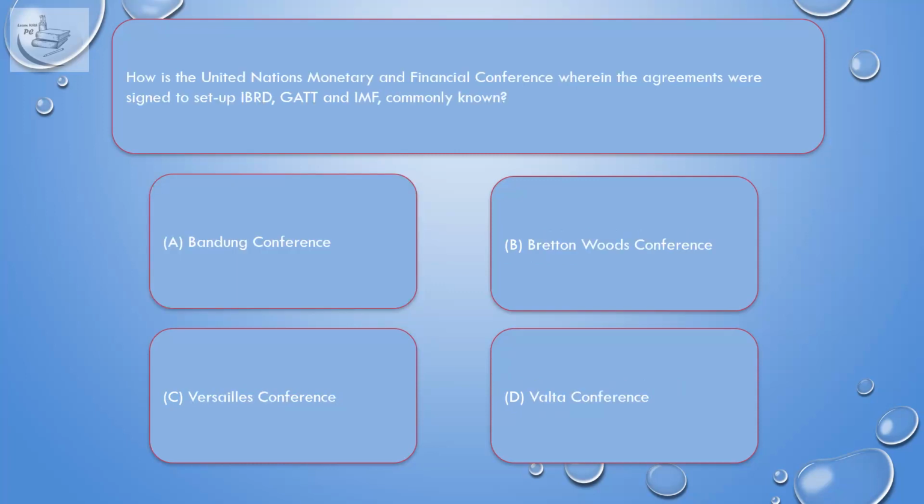Question: how is the United Nations Monetary and Financial Conference, wherein the agreements were signed to set up IBRD, GATT and IMF, commonly known? A. Bandung Conference, B. Bretton Woods Conference, C. Versailles Conference, D. Yalta Conference. Correct answer is B. Bretton Woods Conference.